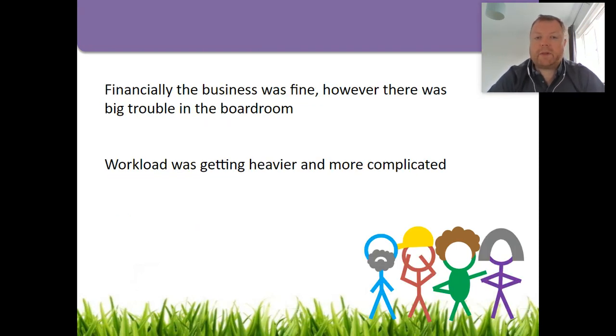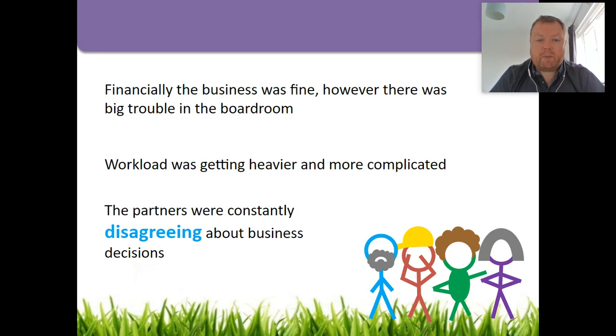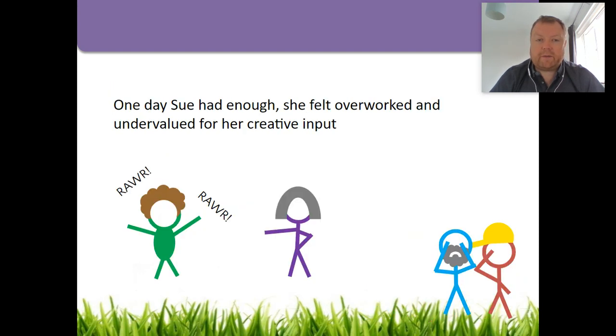Financially, the business was doing well. However, there was big trouble in the boardroom with the 4 partners. Workload was getting heavier and more complicated. The partners were constantly disagreeing and falling out about the different direction of the business and the decisions that they were making.